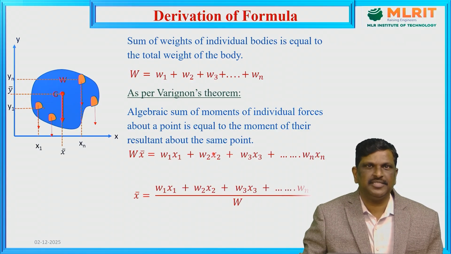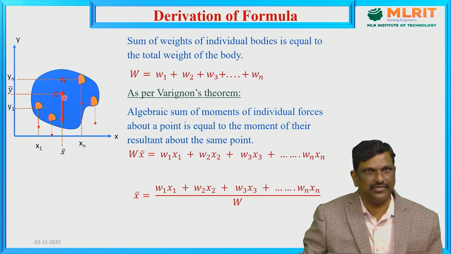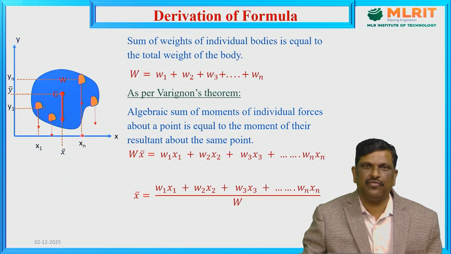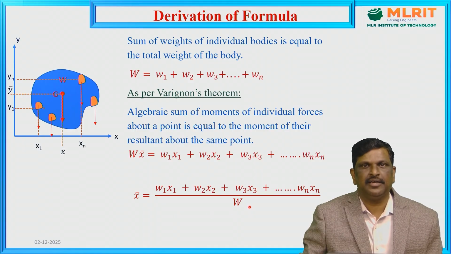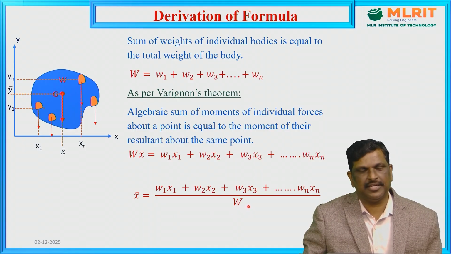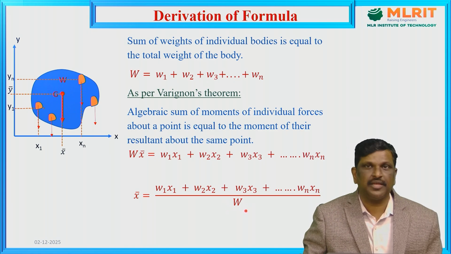Now from this equation, x bar, the coordinate of centroid or center of gravity of the given body, is x bar equal to W1 x1 plus W2 x2 plus W3 x3 and so on, Wn xn, divided by W1 plus W2 plus W3 and so on, Wn, which is nothing but the total weight capital W. This is the analytical formula for finding the center of gravity of a given body.